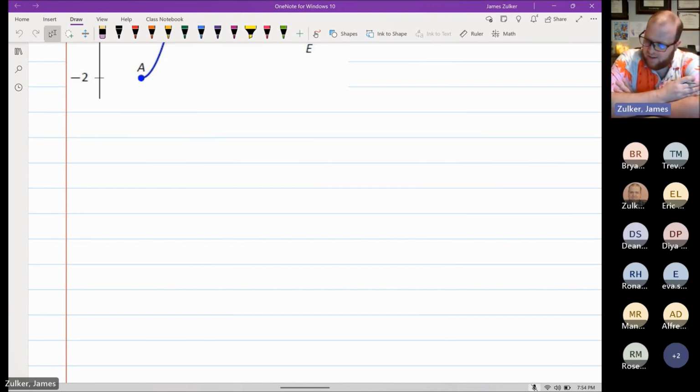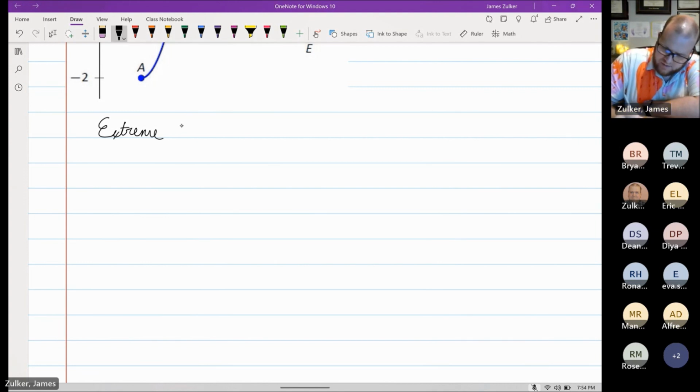First, this is the extreme value theorem.